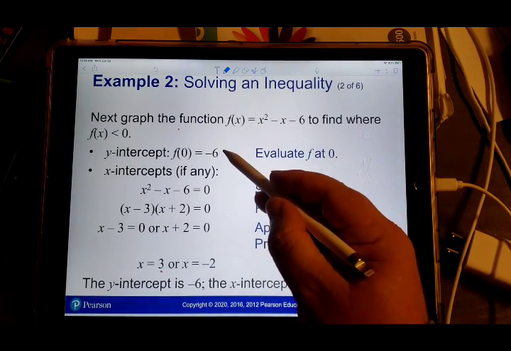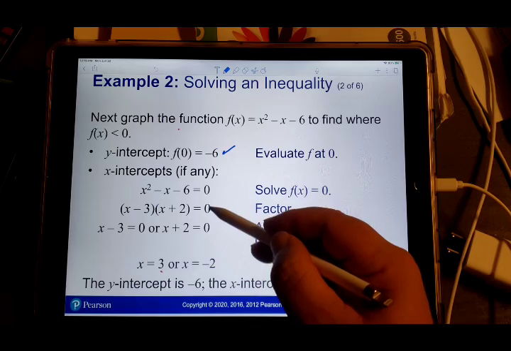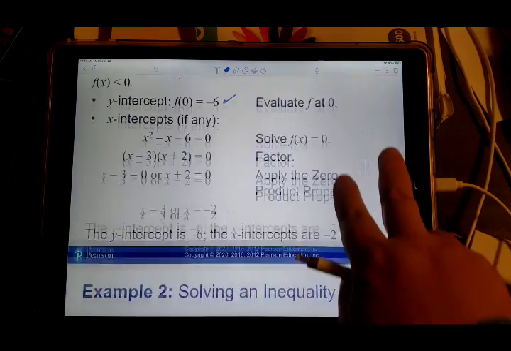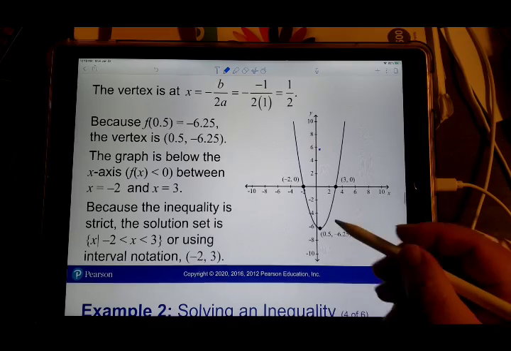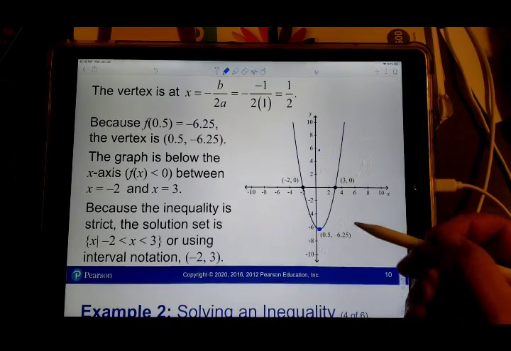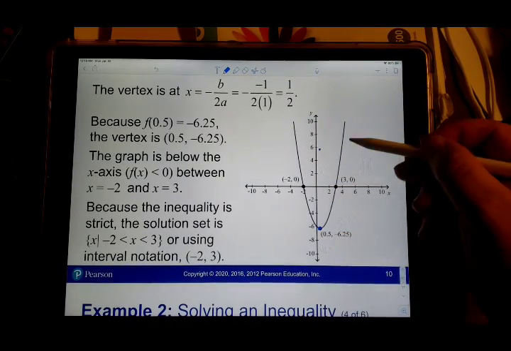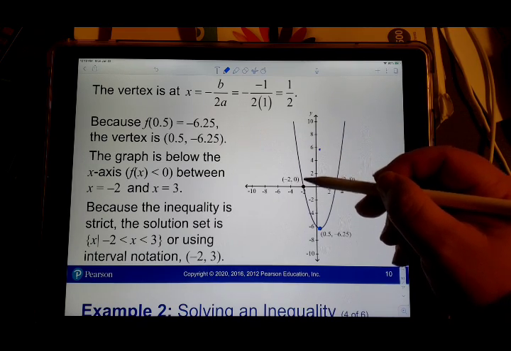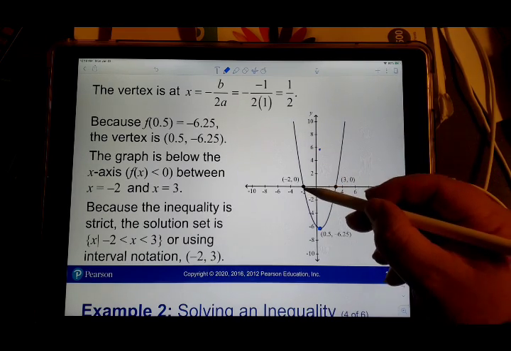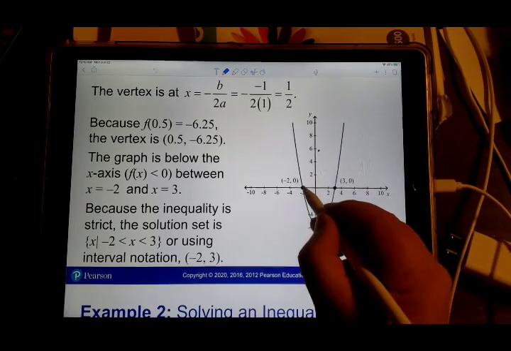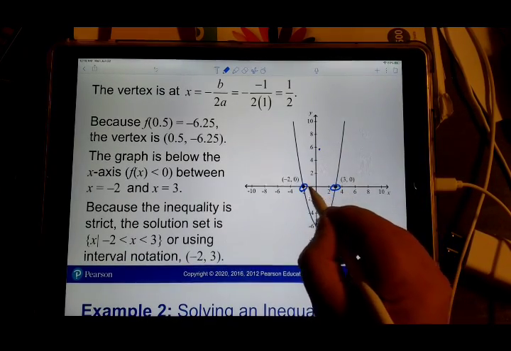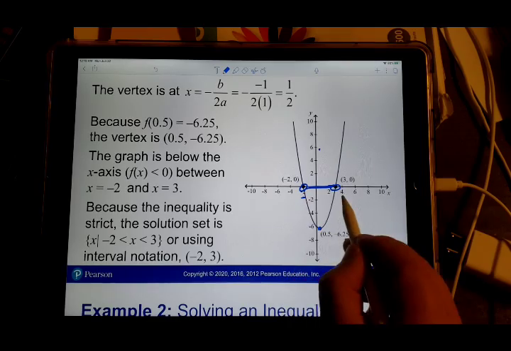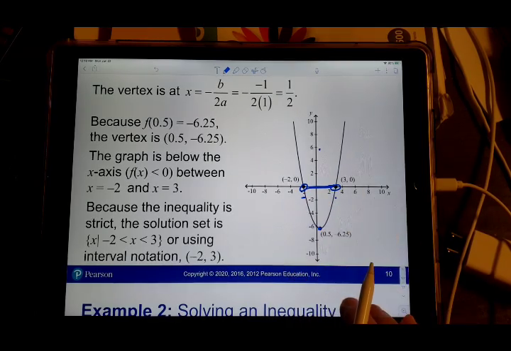Finding things like the intercepts and even the vertex gives us plenty of information. Again, the question was, when is this thing less than 0? This time it was strictly less than 0, so I will not include the endpoints. It's just the values between 2 and 3.